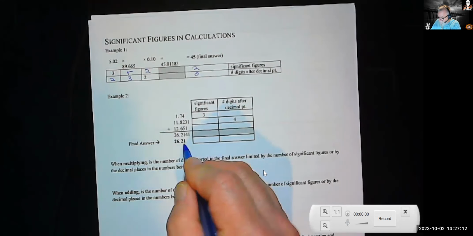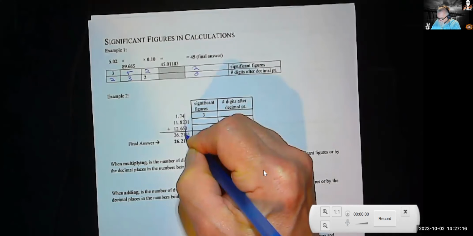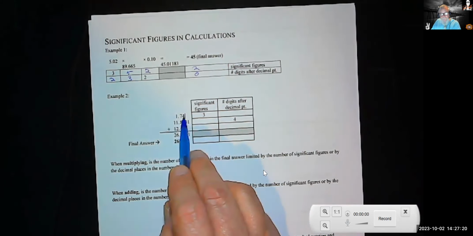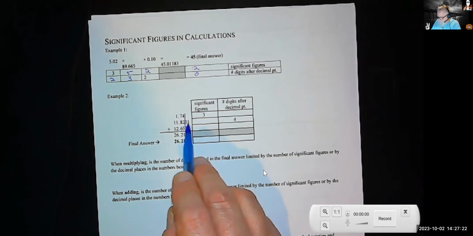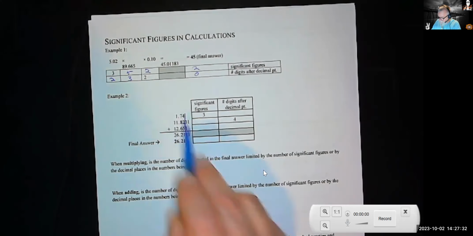Why at the hundredths place? Because the largest uncertainty that we have is this number here. It has an uncertainty in the hundredths place. This one has an uncertainty in the 10,000ths place. This one has an uncertainty in the thousandths place. Right. So we're going to round to the hundredths place, which is the largest uncertainty in this particular calculation.